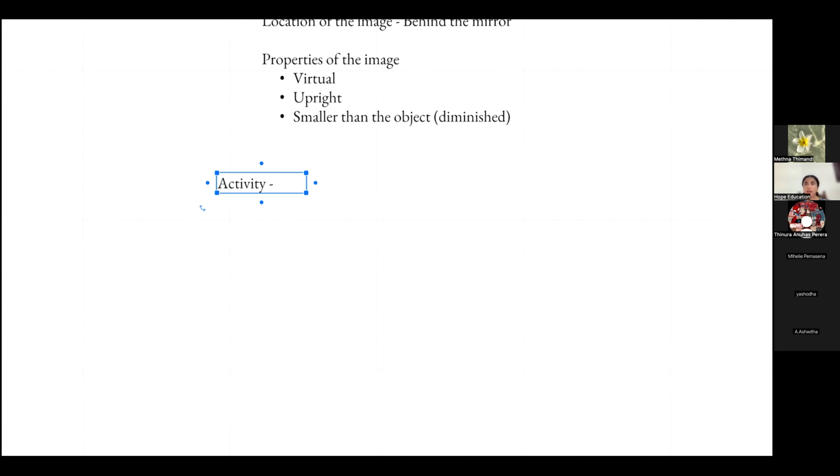Can somebody check a calendar? Let me check the calendar. April 1st we are having the Poya day. April 1st is the Poya, no? Yes, April 1st is what I thought. The third is also some public holiday. April 1st is anyways a full holiday and a Poya Day, no? Yes. So do you all prefer April 1st or April 3rd?